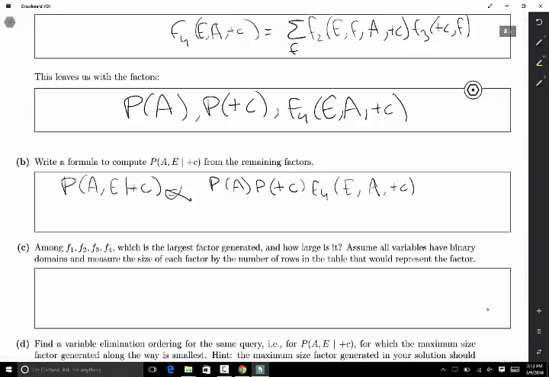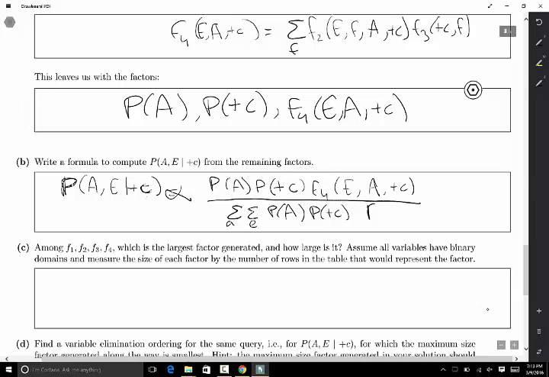However, we need this distribution to sum to 1 because we're given a particular value of c, so we're only looking at one thing to condition on, and then we need the joint of a and e to sum to 1 to be a real probability. So in order to do that, we can just take our unnormalized probability and normalize it by summing over a and e of p of a, p of plus c, and f4.